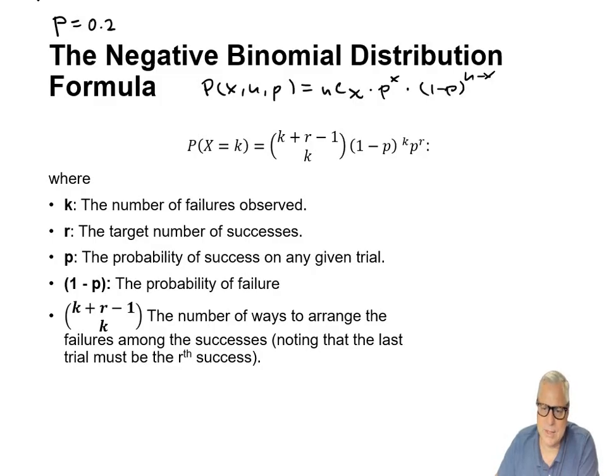So this term becomes the number of ways to arrange the failures among the successes, noting that the last trial must be the nth success. So that's when we stop. Technically here we arrange the failures among the successes.